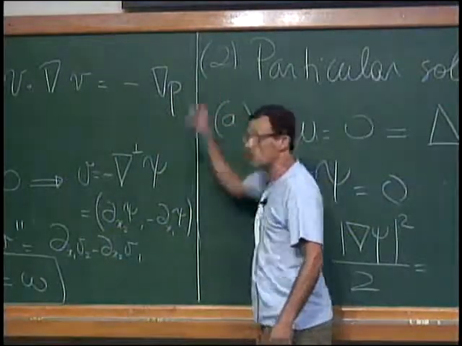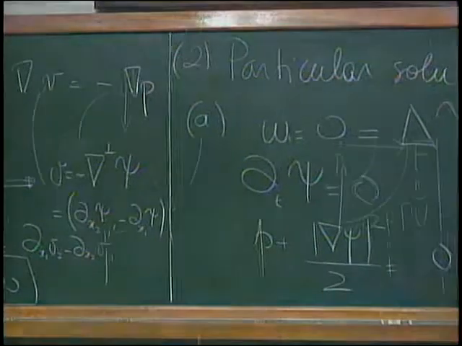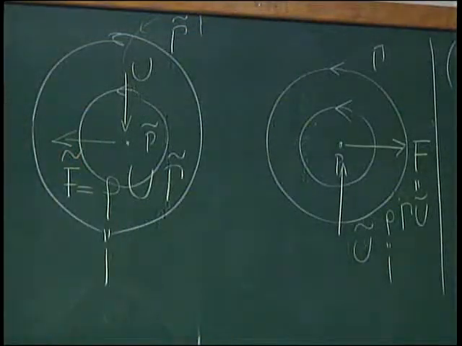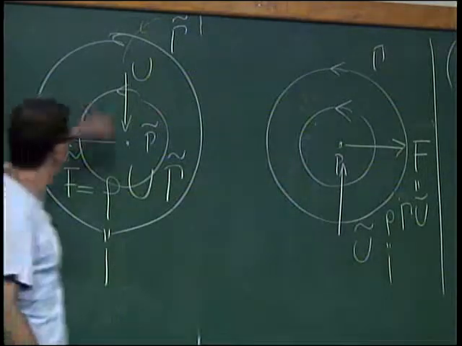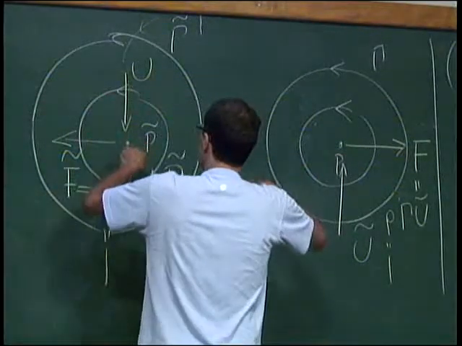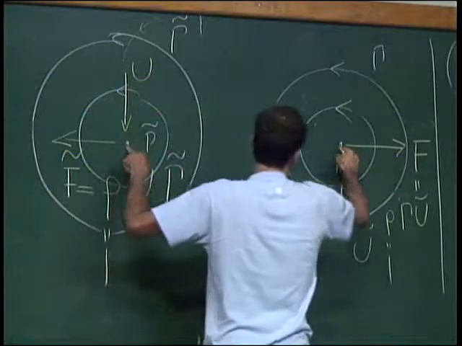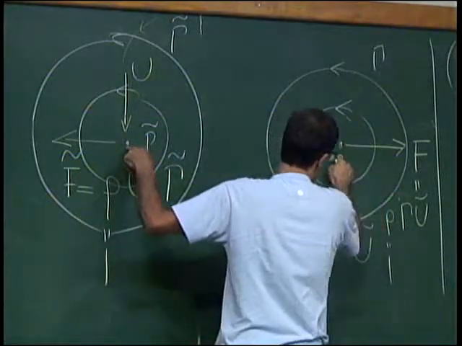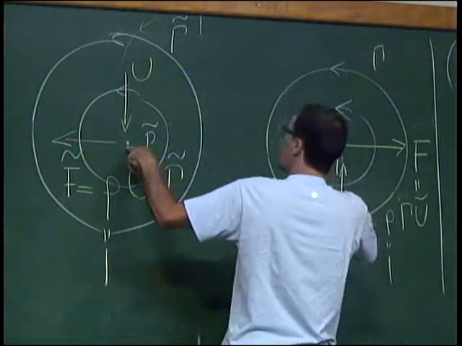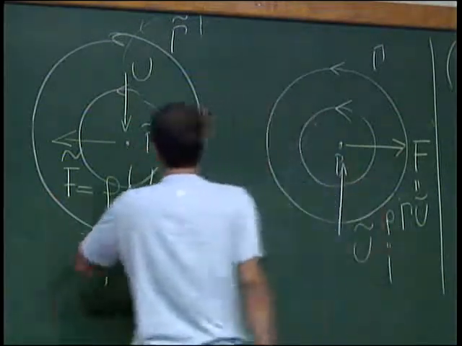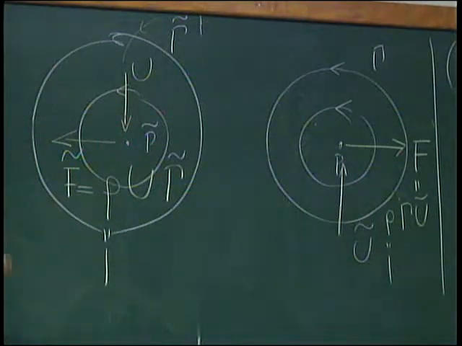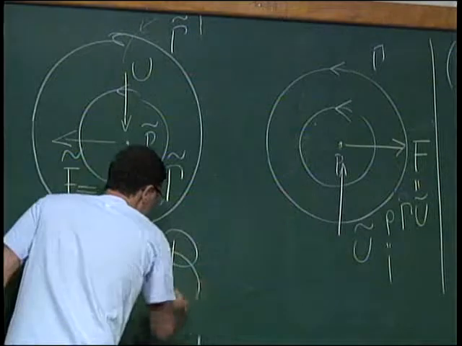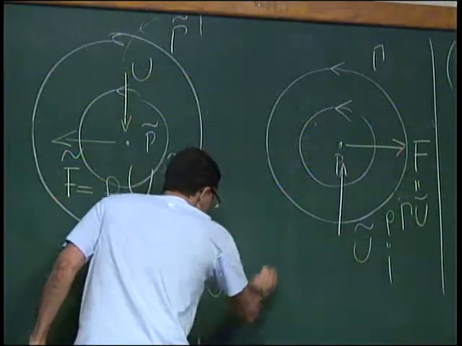So the only way that this can be compatible with this equation is that this vortex has to move according to this rule. This one moves with the velocity induced by the other one, P moves with the velocity induced by P tilde. So this is the case of bound vortices. In the literature, these are the bound vortices.